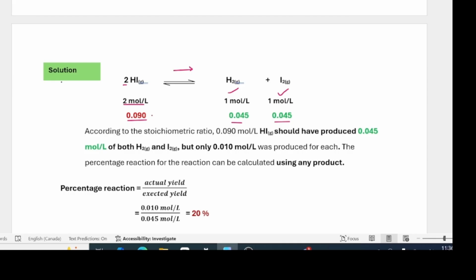Therefore, that concentration will give you half of what that is, which is this and this in both cases. And that's the point we're making here. Had it gone to completion, you should have gotten that for both hydrogen and iodine. But we got only that.